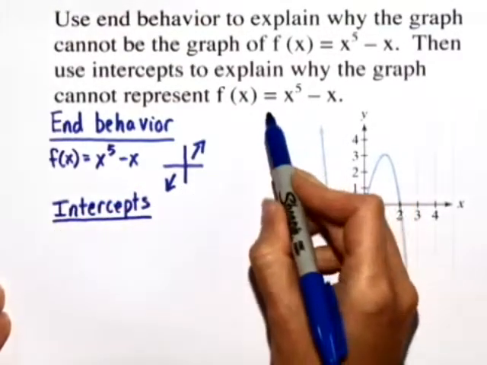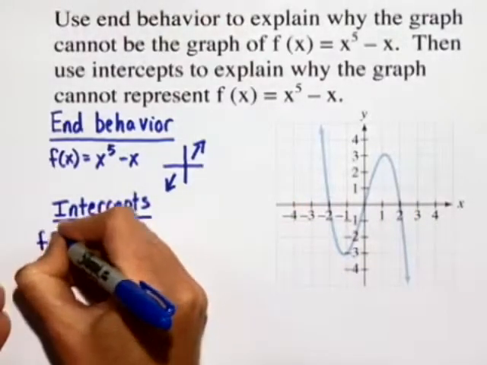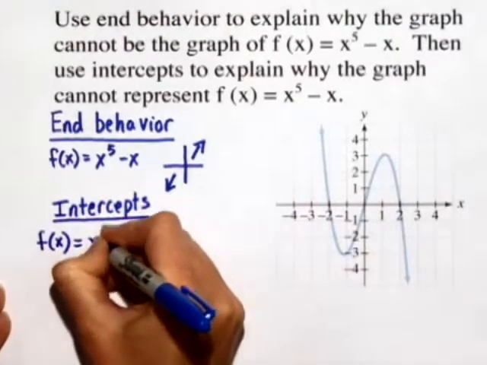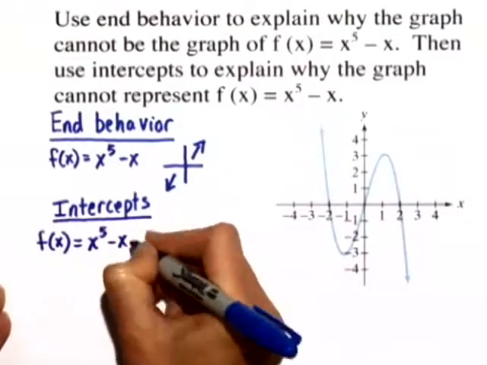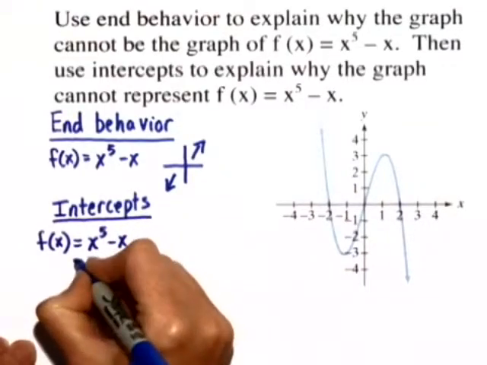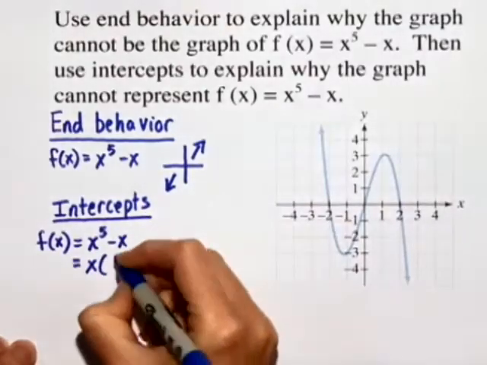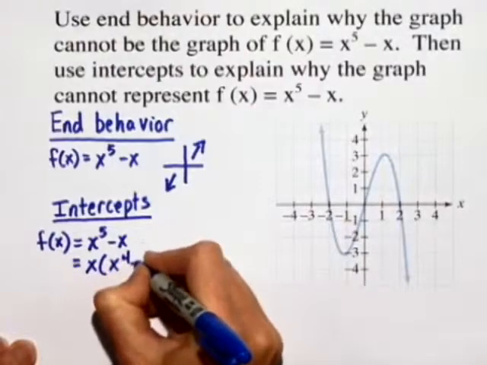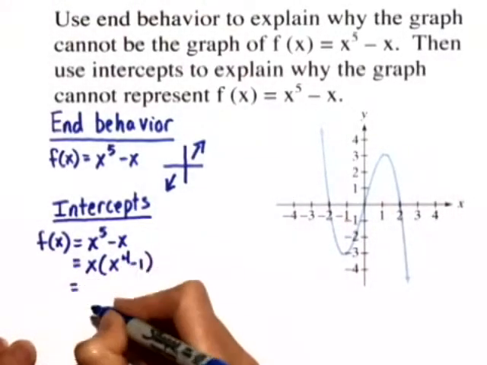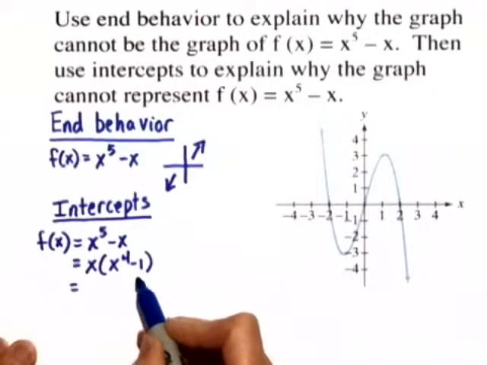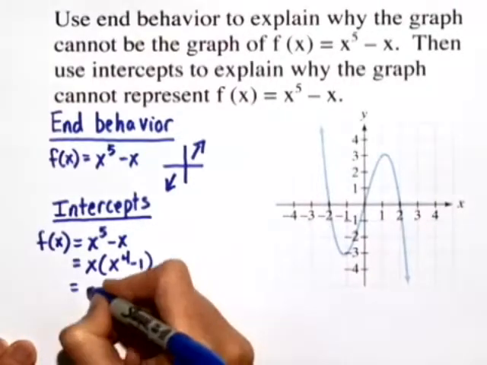In order to calculate the intercepts of f of x equals x to the fifth minus x, we need to factor it. We factor out an x, and we have x to the fourth minus 1. That factors further because x to the fourth minus 1 is the difference of two squares.